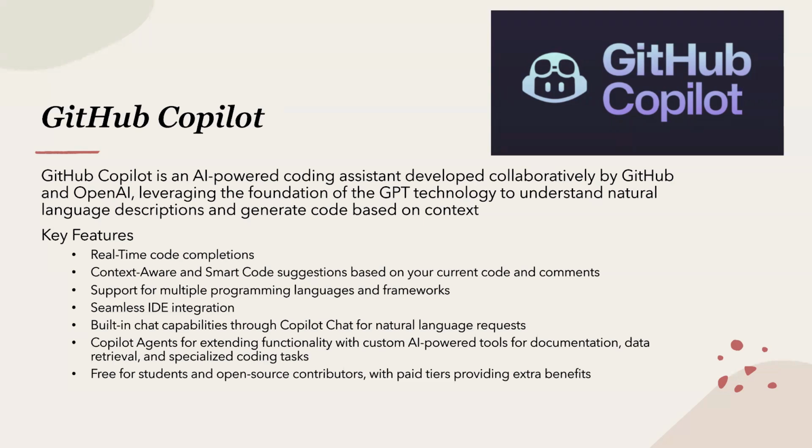Some of its key features include real-time code completions, context-aware and smart code suggestions based on your current code and comments, support for multiple programming languages and frameworks, seamless IDE integration, built-in chat capabilities through Copilot Chat for natural language requests, and Copilot agents for extending functionality with custom AI-powered tools for documentation, data retrieval, and specialized coding tasks. And it's free for students and open source contributors, with paid tiers providing extra benefits.